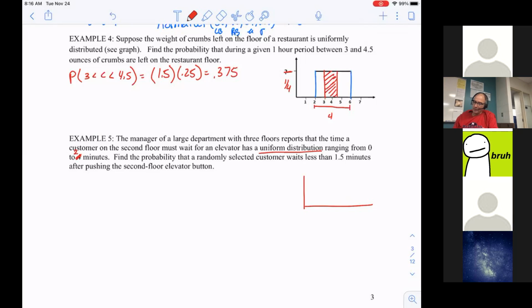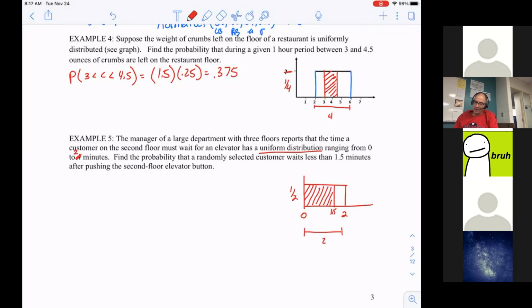So we have a uniform distribution anywhere from 0 to 2. Since this has a width of 2, it has to have a height of 1/2 in order for the area of my rectangle to be 1. We are trying to find out less than 1.5. So here is our 1.5, and we're trying to find the area of the shaded region.